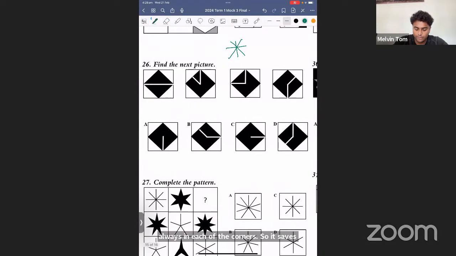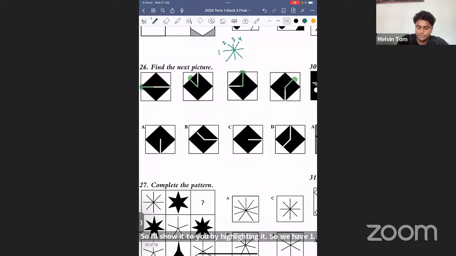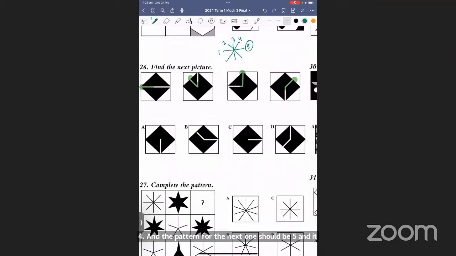So starting off with the first one, we have 1, 2, 3, 4. I'll show it to you by highlighting it. So we have 1, 2, 3, 4, and the pattern for the next one should be 5, and it should be on the right-hand side. Do you guys understand? Yes. Right, awesome.